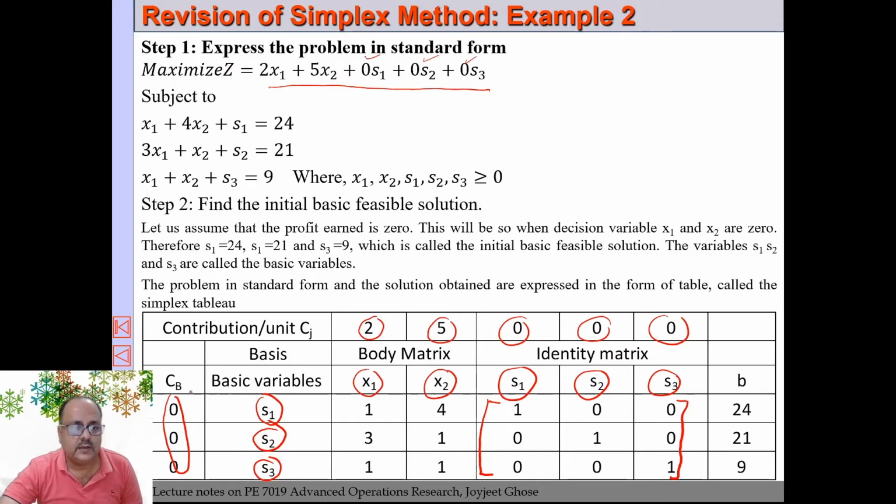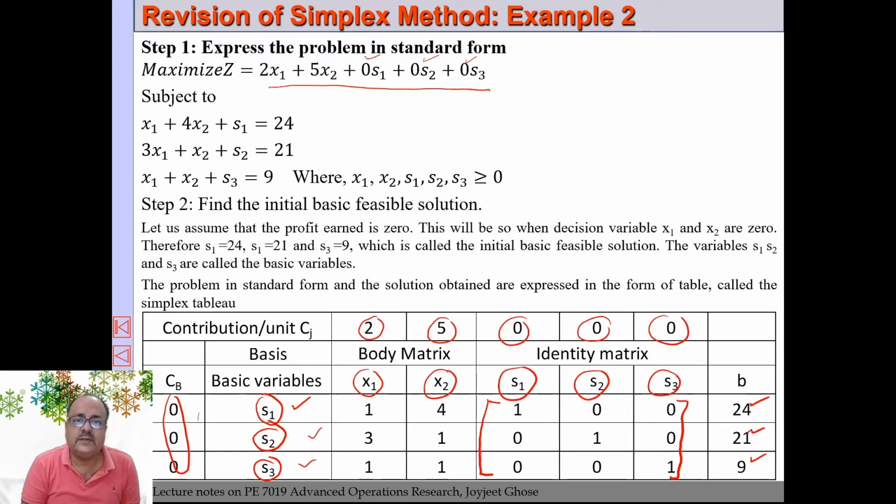These are the basic variables, so the coefficients of the basic variables in the objective function are 0. So we have started with s1 equal to 24, s2 equal to 21, s3 equal to 9. So this is my initial basic feasible solution.